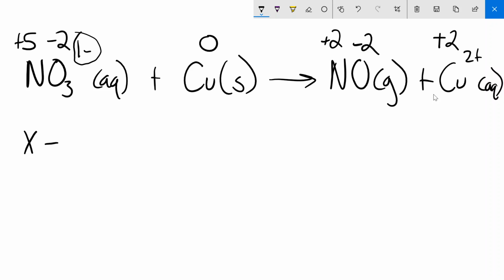We had 3 of them, so that's -6. And it has to equal an overall charge of -1, or 1 minus. Then it just becomes a simple algebra problem. You're going to have to add 6 to both sides, so then X equals 5. So that means our oxidation state for our nitrogen is +5.